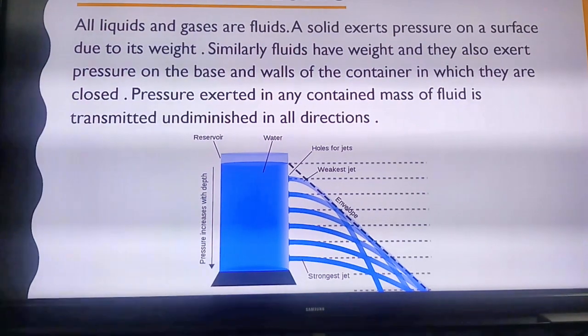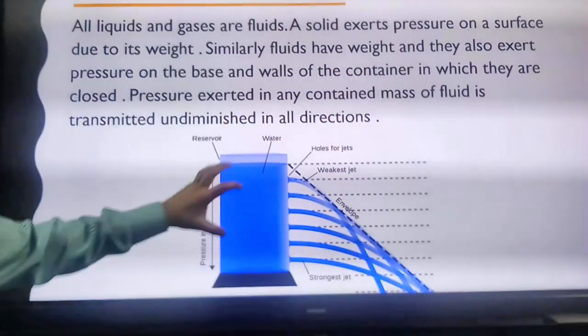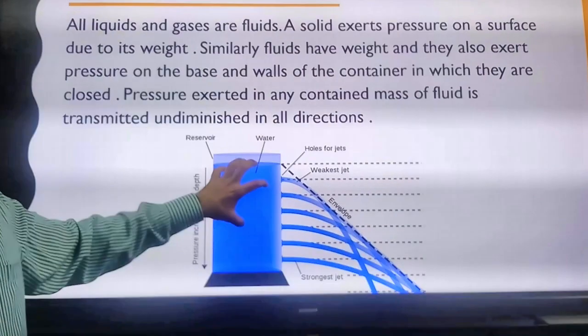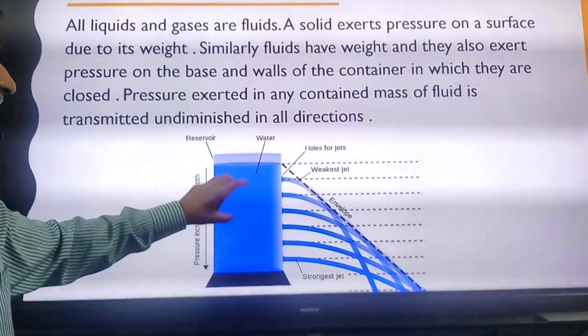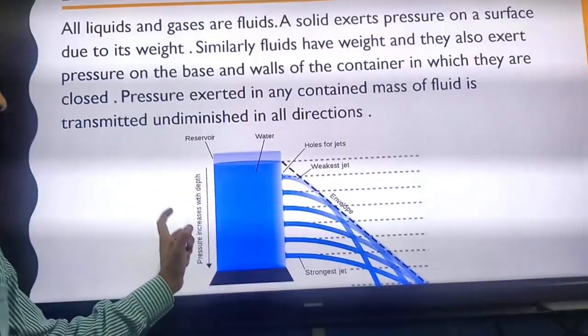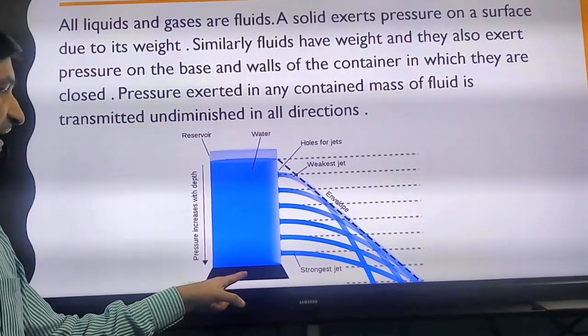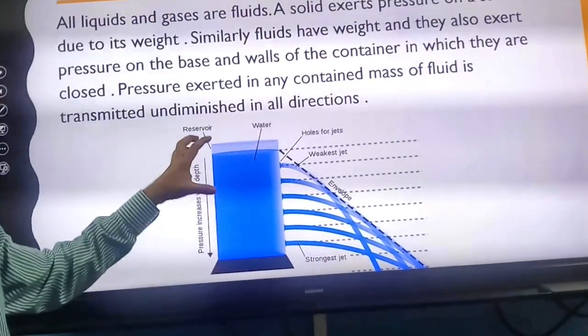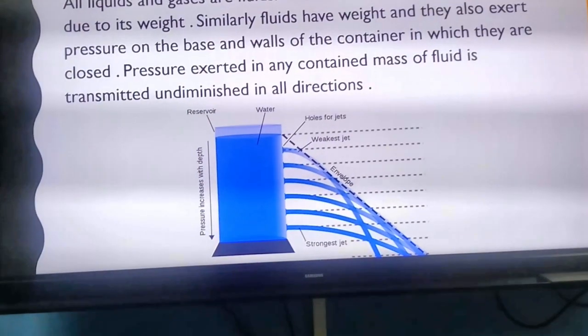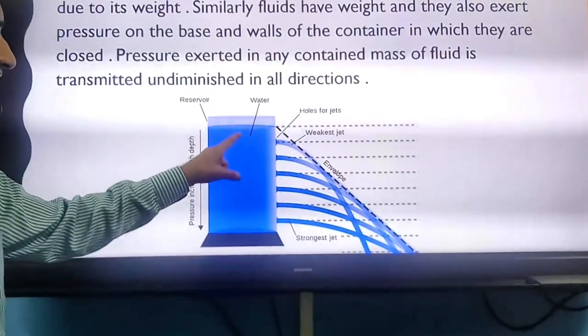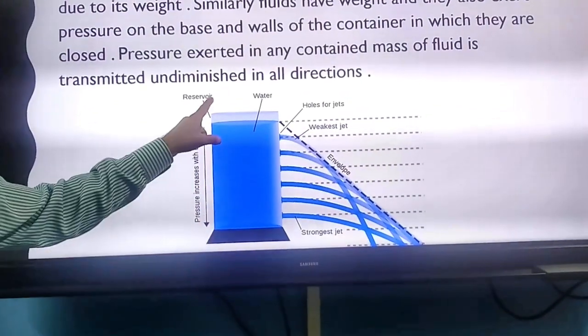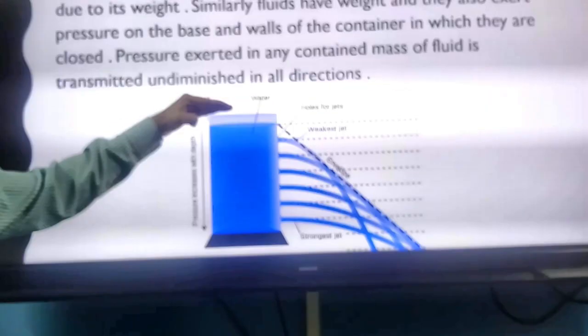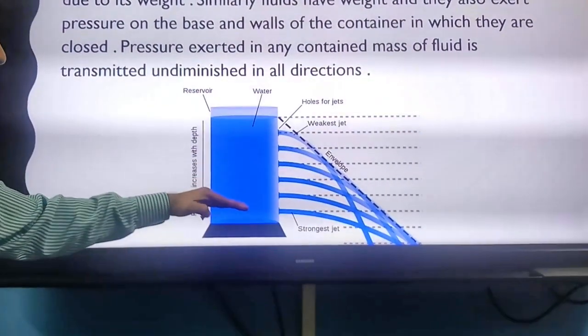All liquids and gases are fluids. If we take a liquid kept inside this beaker, then the wall of the beaker experiences force, the base also experiences pressure, and the pressure increases in this direction. If we go from top to bottom, the value of fluid pressure increases.